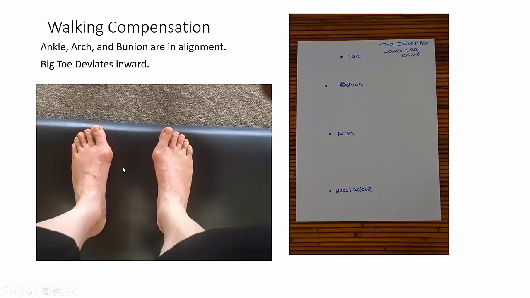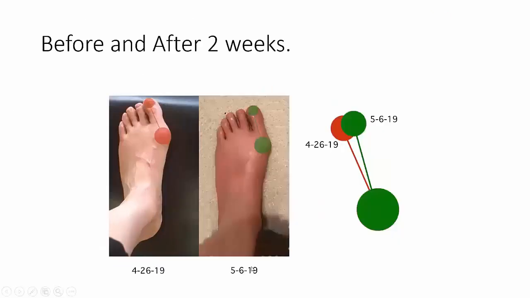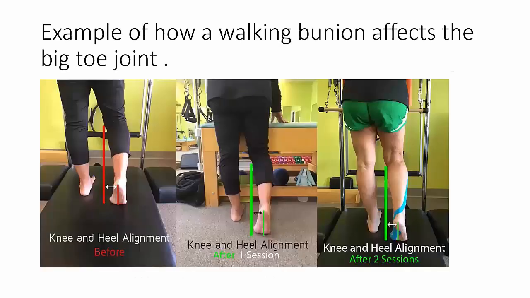And I will actually show you a picture of that. But here was a change in a couple weeks with the walking bunion. The walking bunions are the most challenging to address because they can go all the way up to the pelvis. So here's somebody who had the walking bunion.